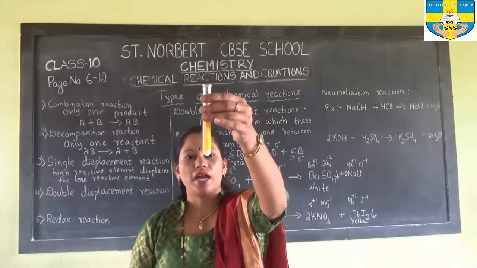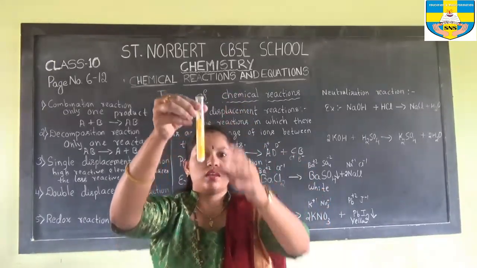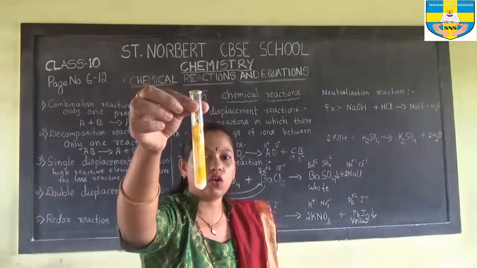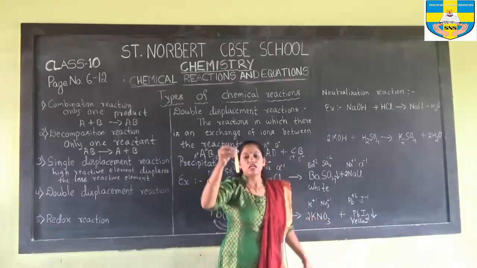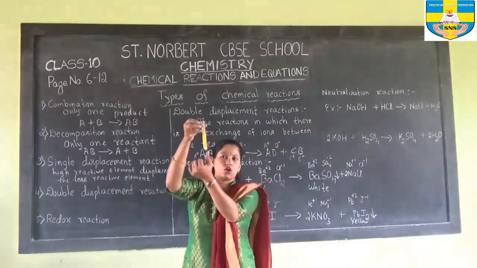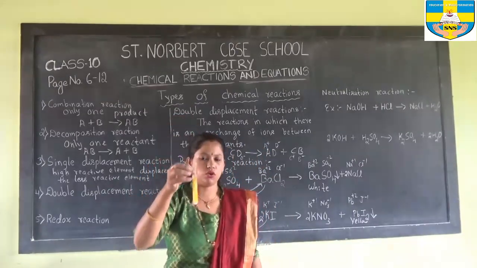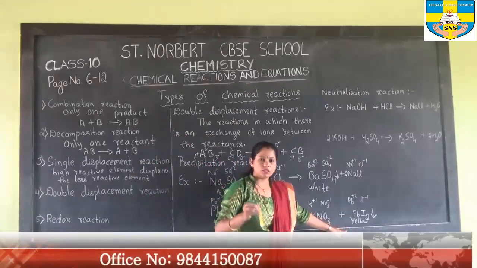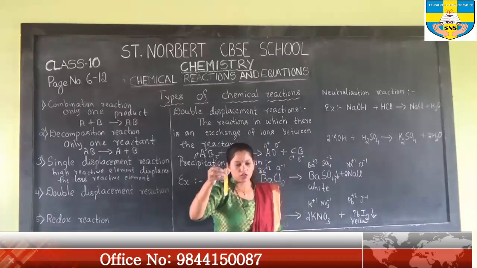There is a yellow color precipitate formation. This yellow color precipitate is PbI2. This is insoluble in water, and KNO3 is soluble in water. So during this reaction we get the yellow precipitate of PbI2, lead iodide.